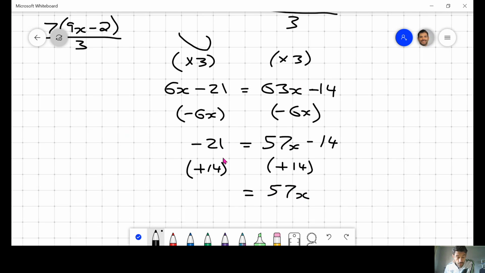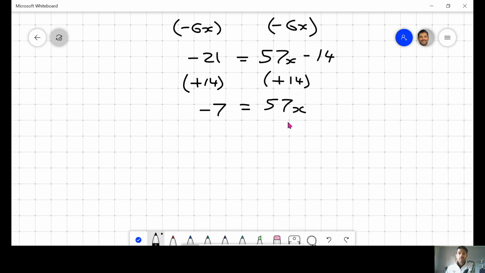Anyway, 3 goes into 21, but it doesn't go into 14, so it might not help. Negative 21 plus 14. What I do is find the difference. I know that if I add 14, my answer is going to be negative. So I can find the difference, which between 21 and 14 is 7. So the difference, if they're both positive, is 7. But then I know it's negative 7.